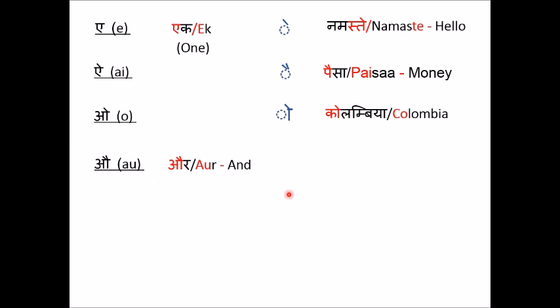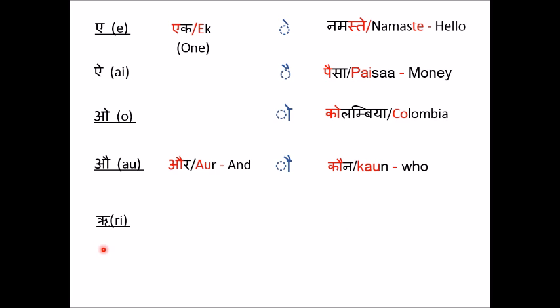When you add this vowel to the consonant, you add one straight line on the right side of the consonant and two flicks on top of the consonant. For example, we have kaun. Again we have the letter ka. You add one straight line on the right side of the ka and then two flicks on top of ka, which then becomes kau. Kaun means who.